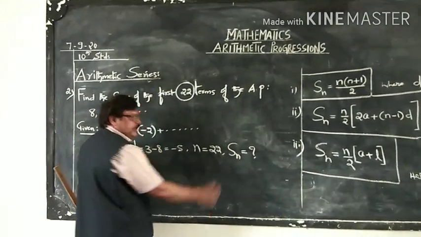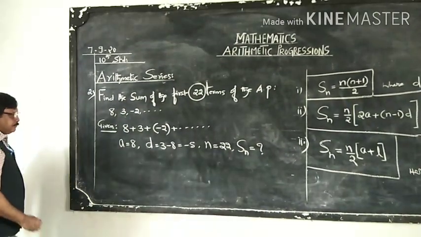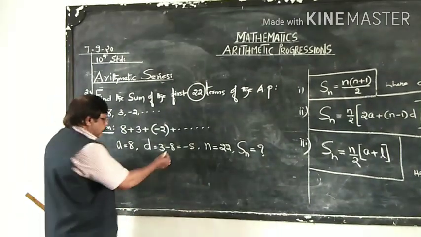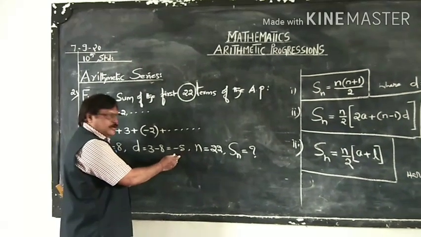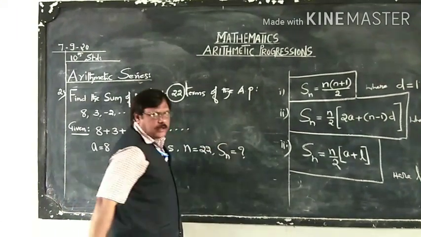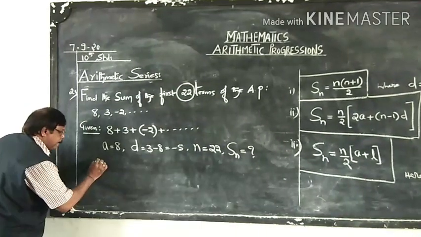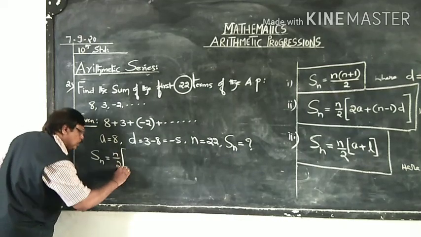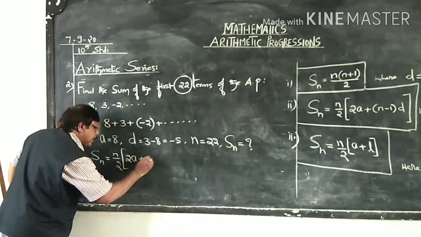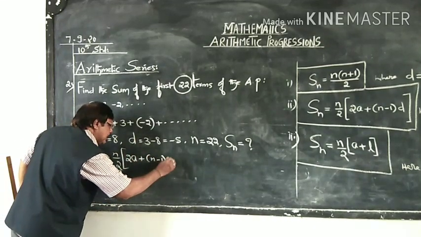Here n is equal to 22, the sum of 22 terms. Now you see the difference is not equal to 1, it is more than 1 in magnitude, so you can apply the second formula. Sn is equal to n by 2 into 2a plus n minus 1 into d.